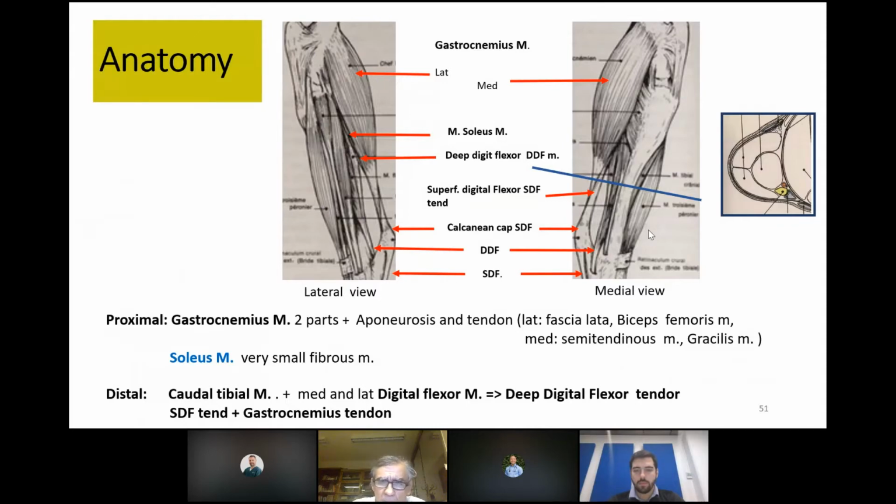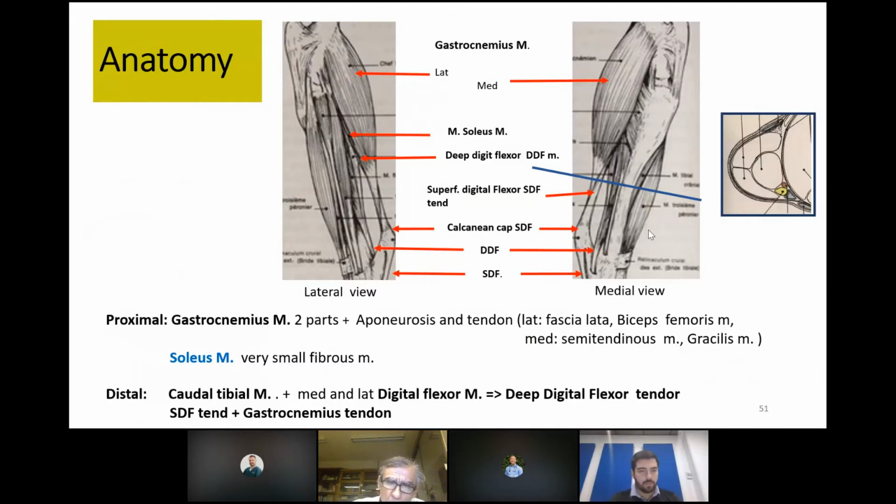And you have the same anatomy with two parts for the gastrocnemius and the same aponeurosis. At the distal part, you have a combination of the caudal tibial muscle and the medial and lateral gluteal flexor muscle which gives the deep digital flexor tendon.